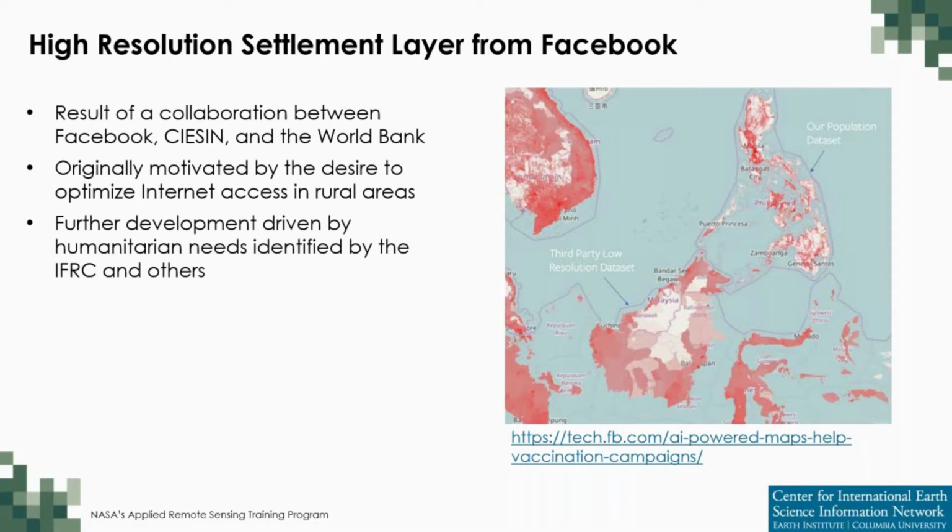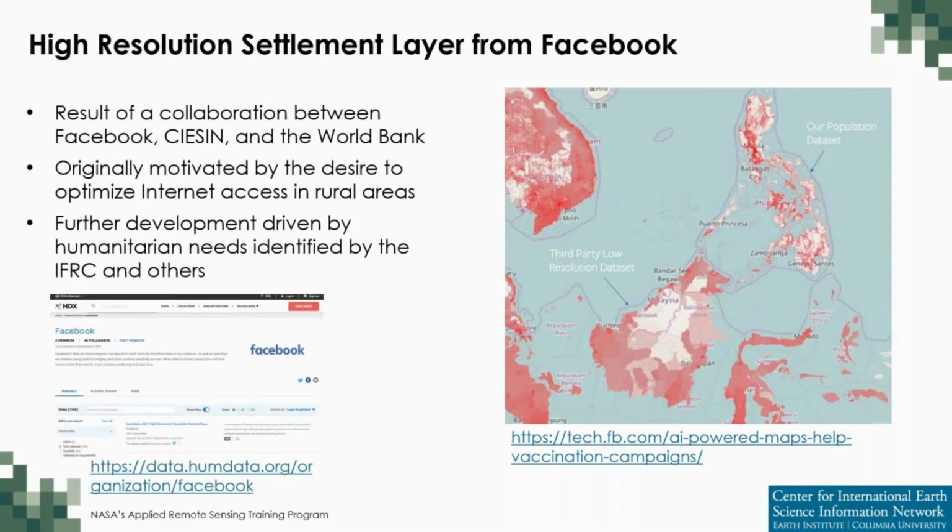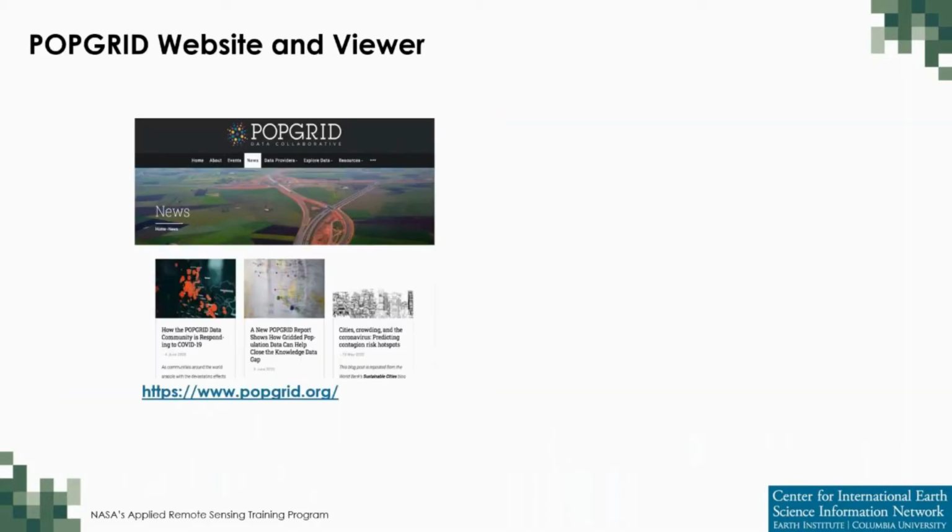And they began working with the International Federation of the Red Cross and Red Crescent societies and posted the data openly on the Humanitarian Data Exchange. So those data are openly available, licensed with a Creative Commons open license.